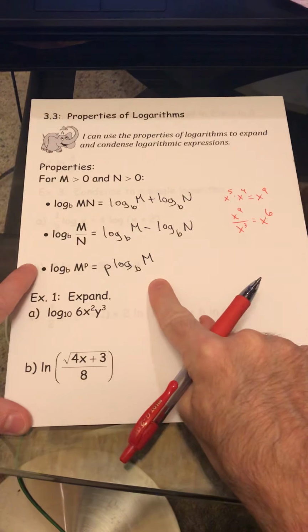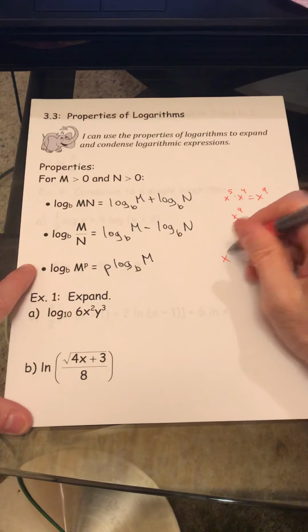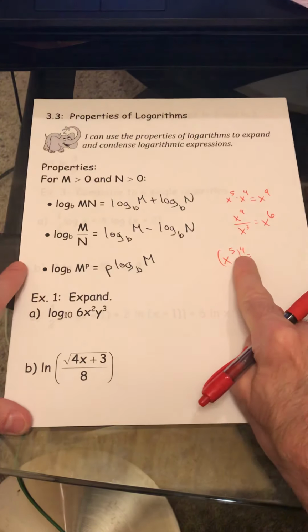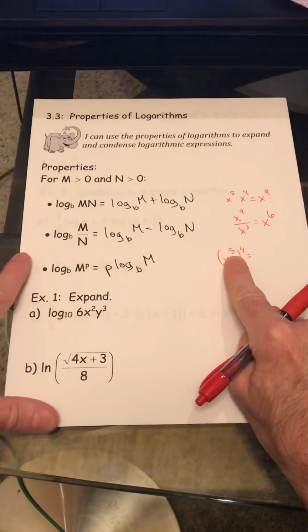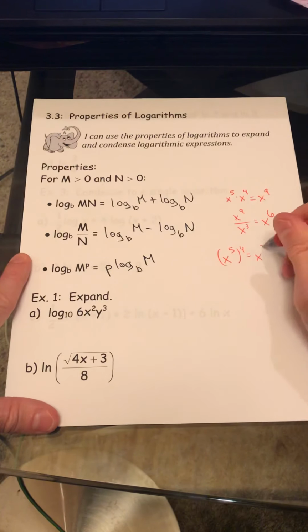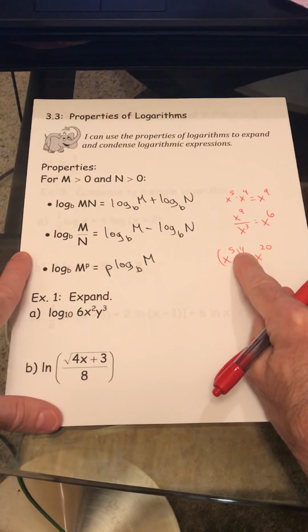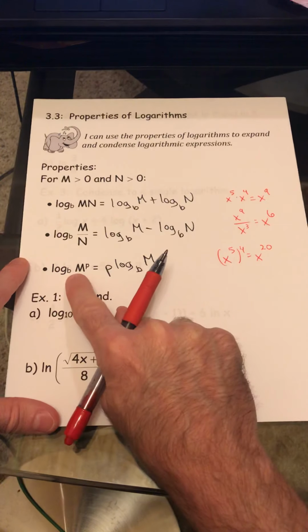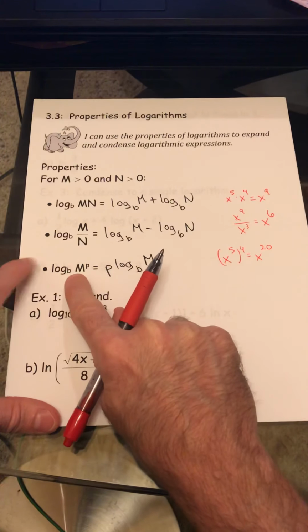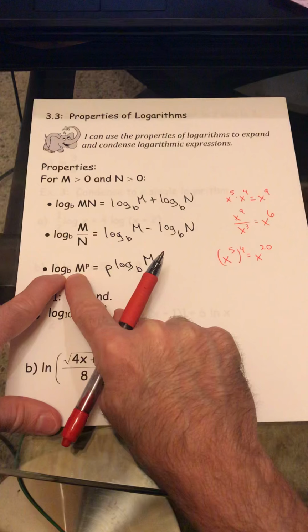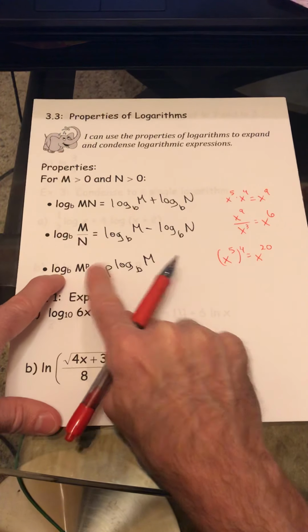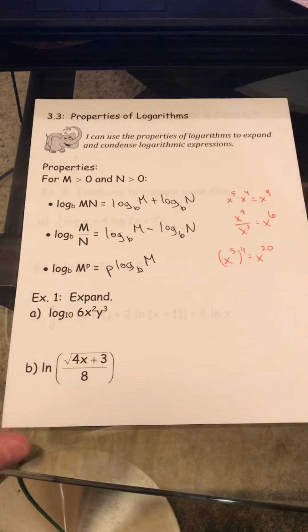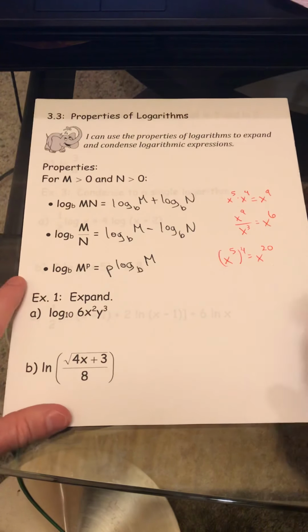This one's a little tougher to relate to properties of exponents, but essentially it is parallel to x to the 5th to the 4th, where if you have a power to a power, you multiply. Here, a logarithm is the inverse of an exponent. It's kind of like an exponent, just the inverse to a power, so we move it out front and multiply.